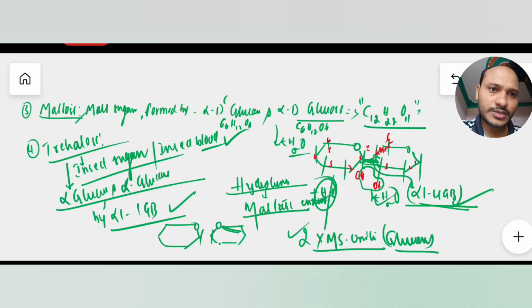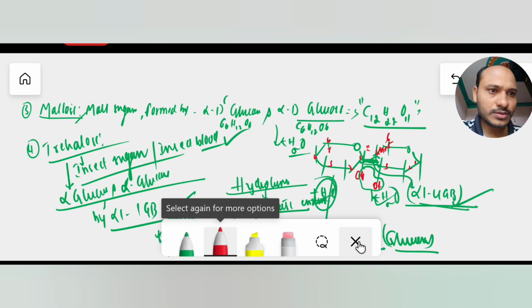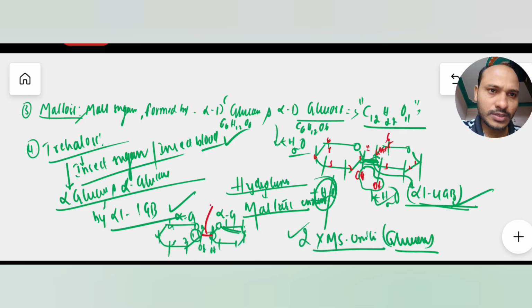So 1, 2, 3, 4, 5, and this is one alpha glucose, and this one is also alpha glucose. Between 1 and 1, by removing a water molecule, a bond is formed between the 1 and 1 of the glucose units. So an alpha 1,1 glycosidic bond is formed between two alpha glucose.